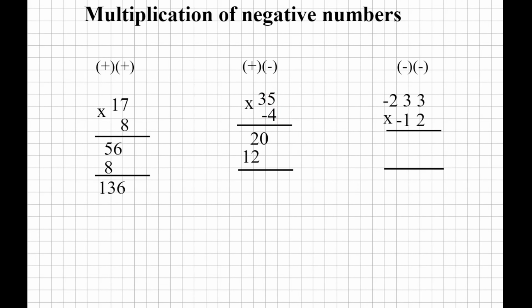Adding the numbers vertically, the result is negative 140. In the last example, we can multiply the entire row instead of going number by number. 2 times 233 equals 466, and 1 times 233 equals 233. Adding these numbers vertically, the result is 2,796.